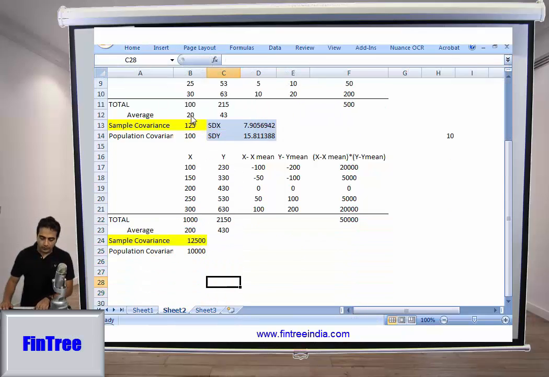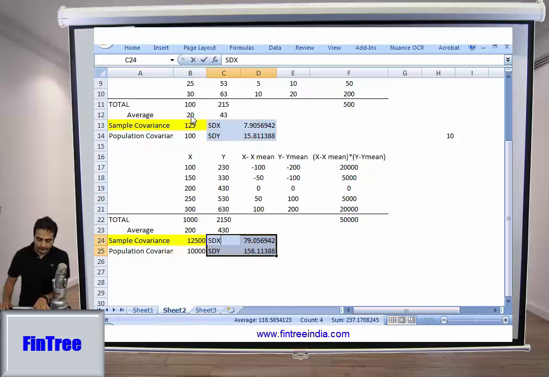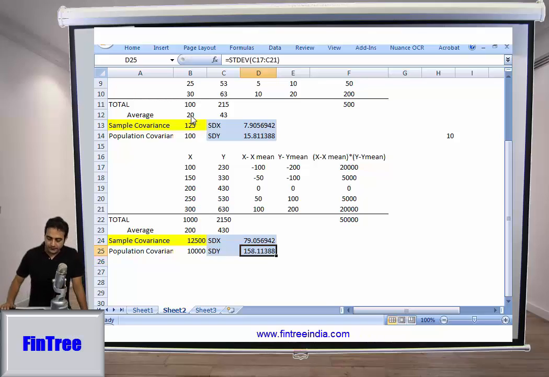Now let us also calculate the standard deviation for these two values. So here the standard deviation would come out to be 79 and this standard deviation would come out to be 158.